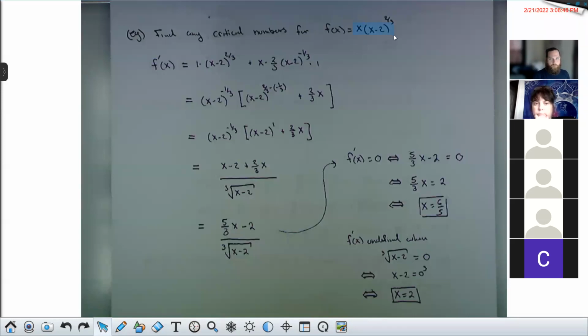What's the domain of this function? The way I talk about this in college algebra and pre-calculus, I ask, does this function have any red flags?